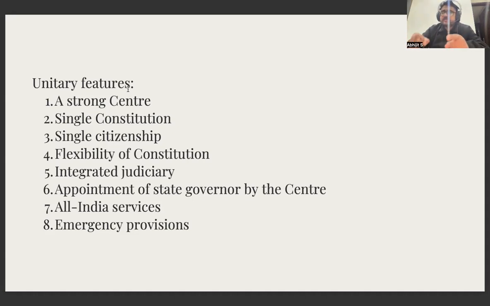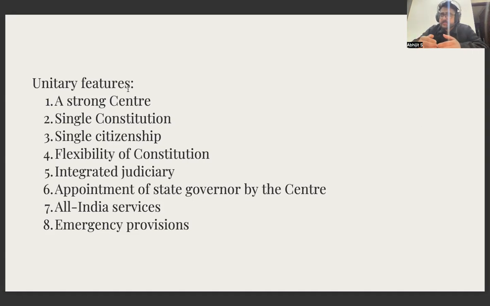But fundamentally, there is only one entity that can amend the Indian Constitution, which is the central government, or the Parliament. And since it is flexible and it can be amended only by the Parliament, which forms the central government, therefore, again, there is a unitary bias.